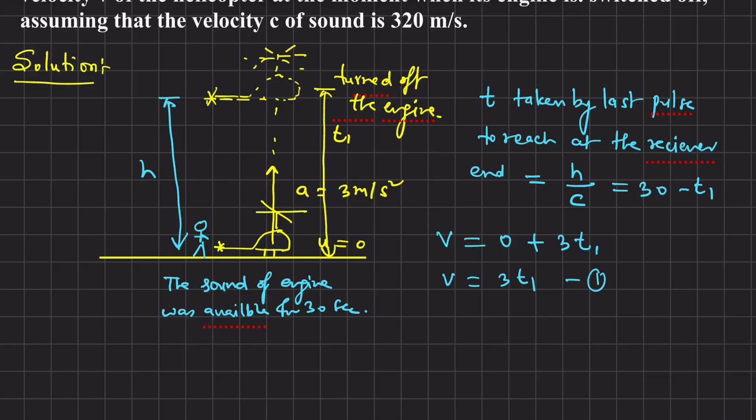We also know that this h is equal to 30 minus t1 into c, that is, 320.